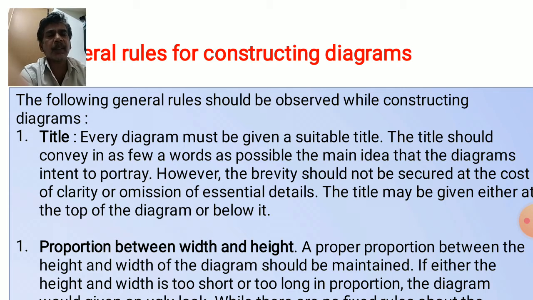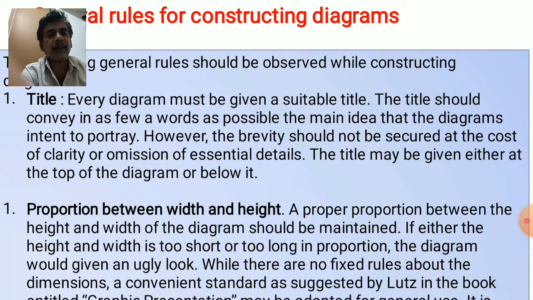Every diagram must be given a suitable title. The title should convey in as few words as possible the main idea that the diagram intends to portray. The title may be given either at the top of the diagram or below the diagram.